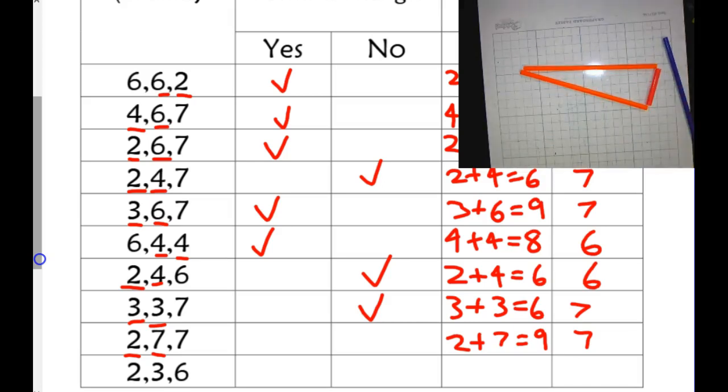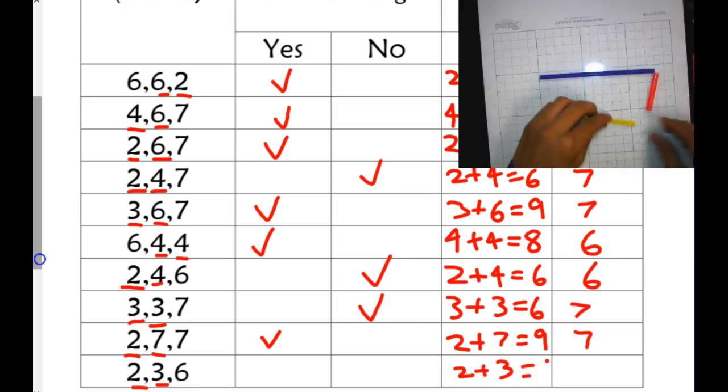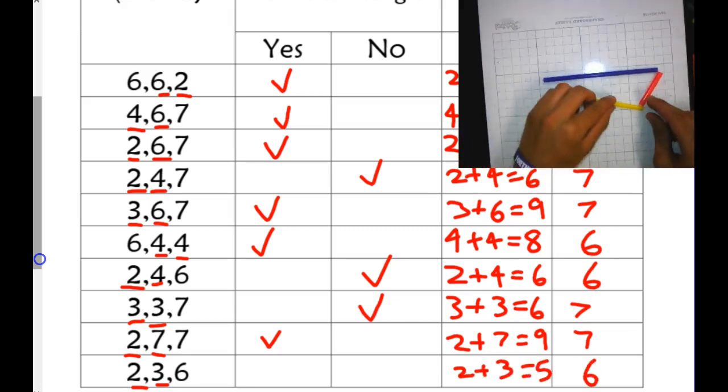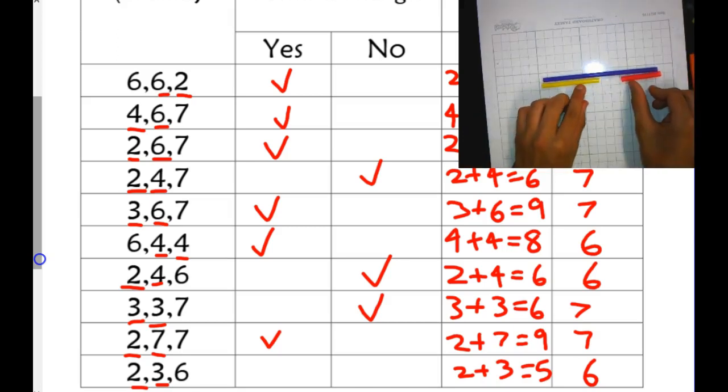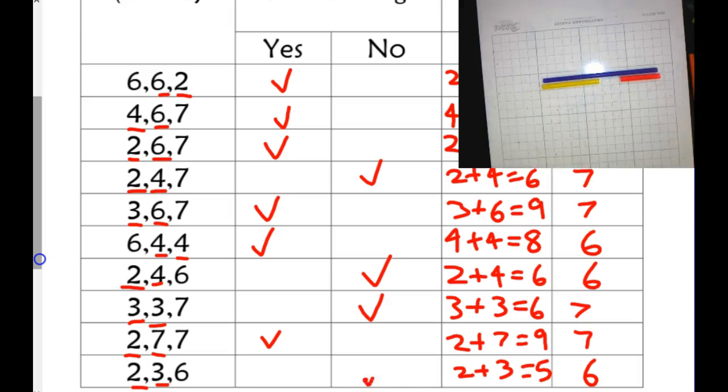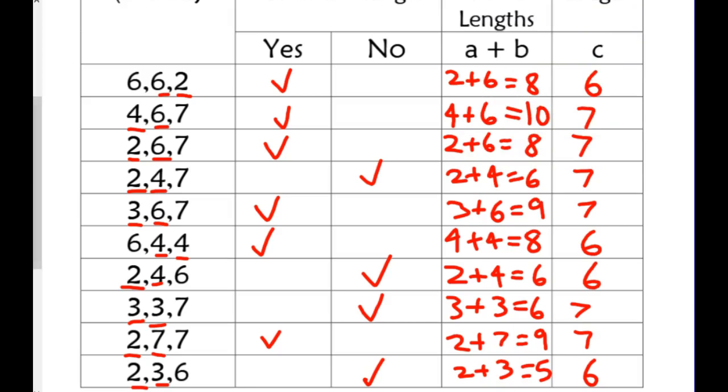Okay, that's a yes. 2 plus 7 is 9. The other side is 7. And then 2, 3, 6 is red, yellow, purple. All right, that's a no. 2 plus 3 is 5. And then we get 6 for our longest side. Thank you very much. So we have everything filled in here.